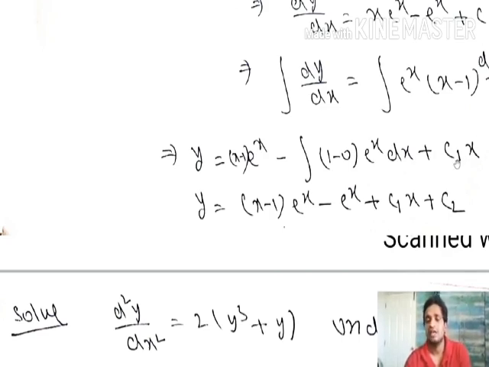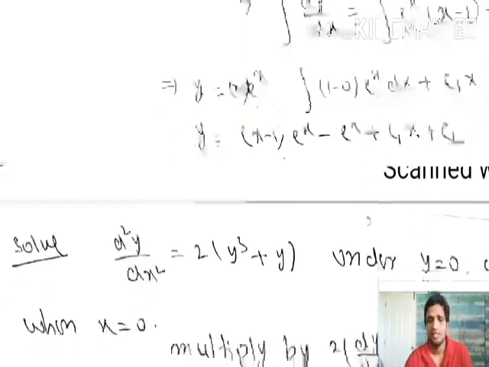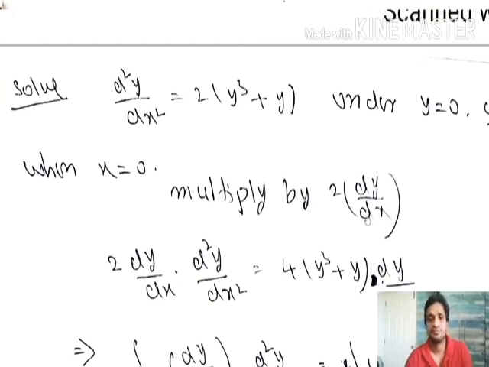The integration of c1 dx is c1 x. So y is equal to x minus 1 e power x, minus the one term e power x, so the integration of e power x is e power x, plus c1 x and one more constant c2. This is the general solution for the given differential equation.